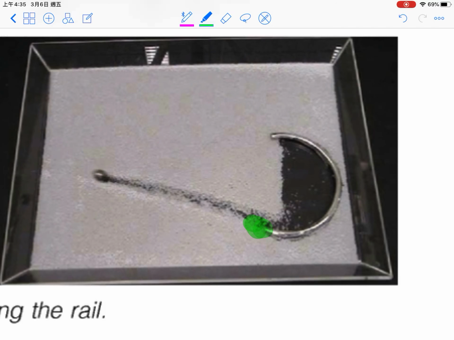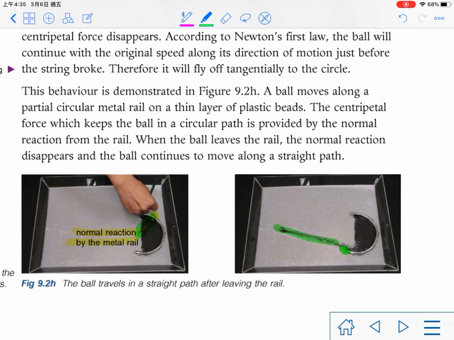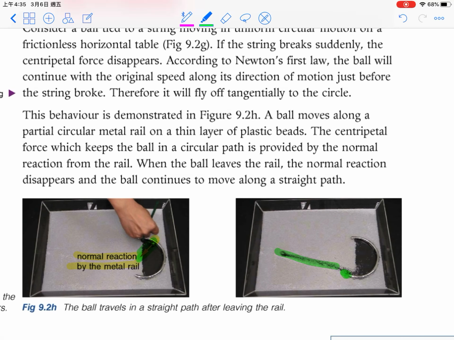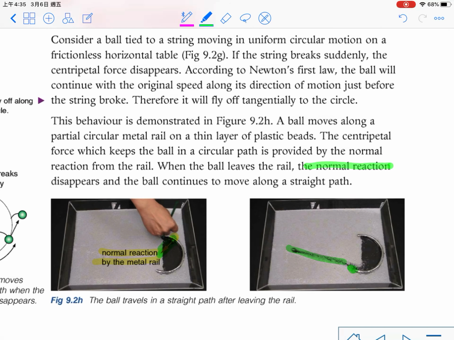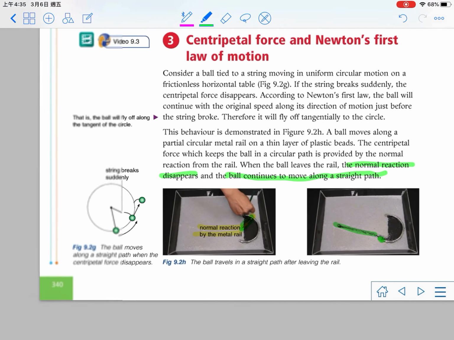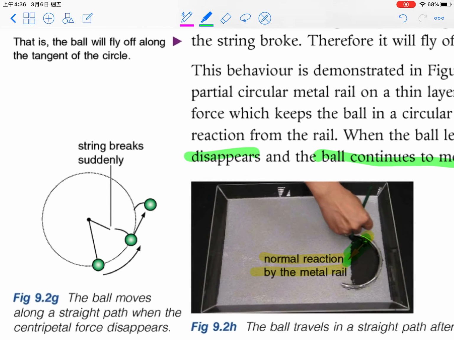So without the normal force, there will be no centripetal force. By Newton's first law, no net force acting on it, so the object would travel in a straight line. It's inertia, right? The normal reaction disappears and the ball continues to move in a straight path.